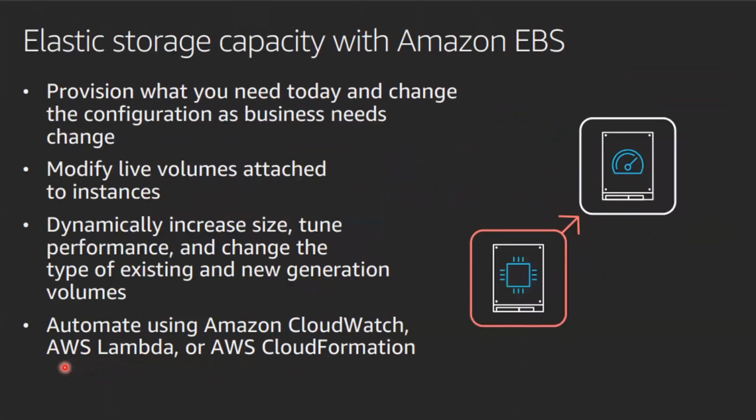So, elastic storage capacity with EBS. As I said, you can have network attached storage for your SAP servers. It could be general purpose SSD, it could be provisioned IOPS, and you can pick and choose the IOPS. So if you require really high IOPS, you can define your IOPS and provision the volume as per the required IOPS.